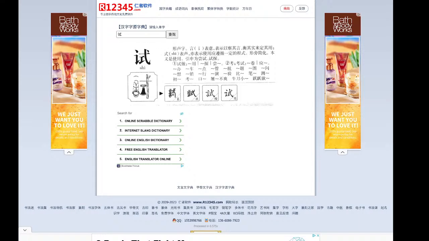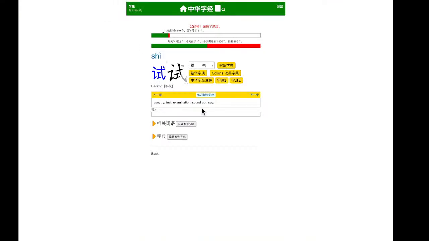Okay, and let's go back. Next one. 管. 管 is tube, pipe, duct. Also, it's a wind instrument. In Chinese, all the wind instruments we call 管, like 管乐器, 管弦乐.